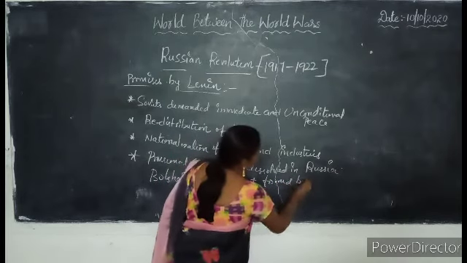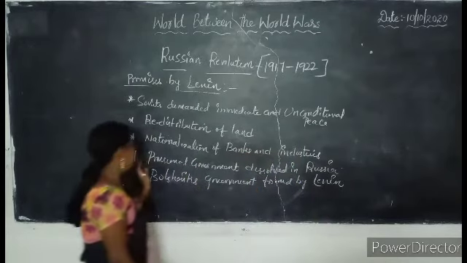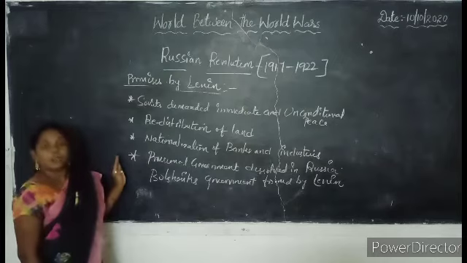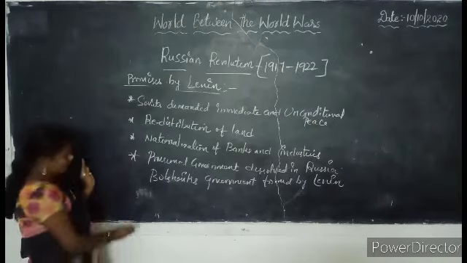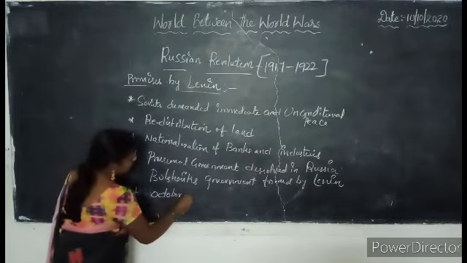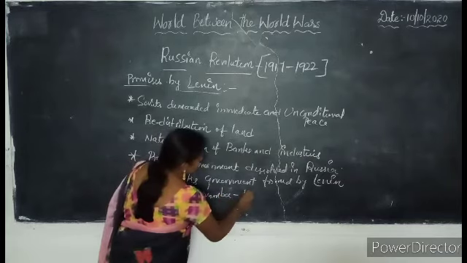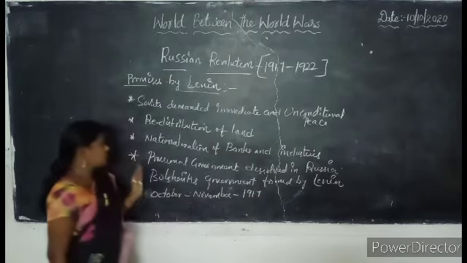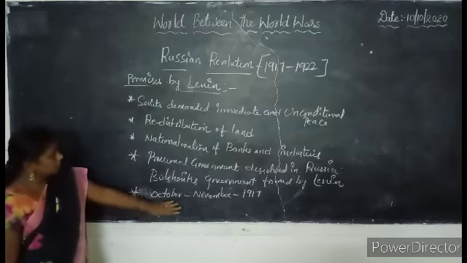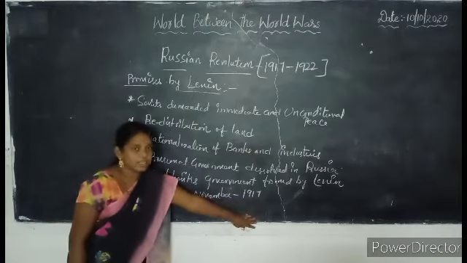This happened during the period of October to November in the year 1917. We call it the October Revolution. All these things happened during the months of October and November in the year 1917.